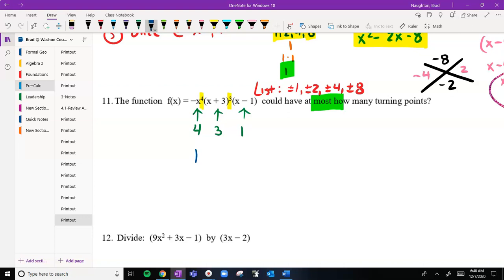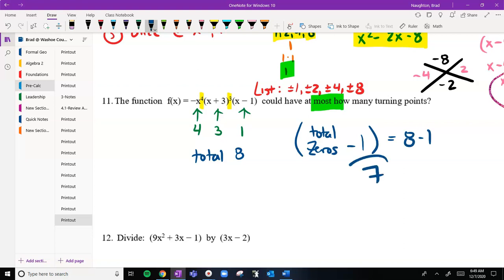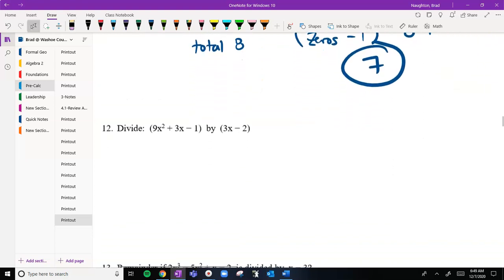So that means I have a total of 8. So at most, it's going to be your total zeros minus 1. So 8 minus 1 is going to give us 7. So that's the answer to number 11. Alrighty.